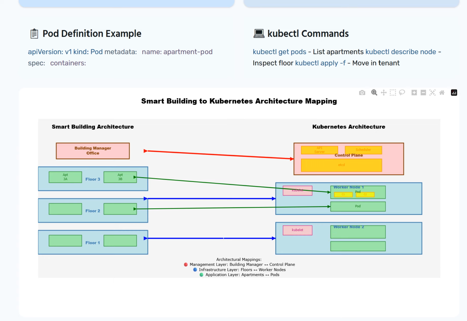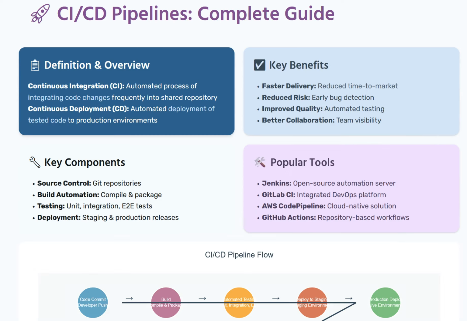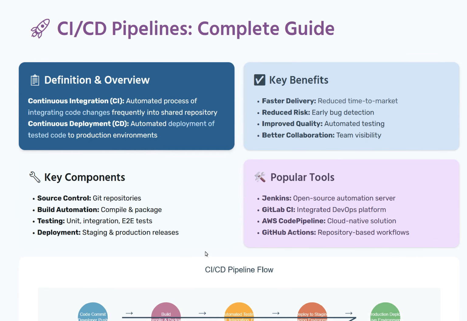This is the management layer, and then the infrastructure layer, and then you have the application layer, the apartment pods. So that is how it compares with real-world examples, right?